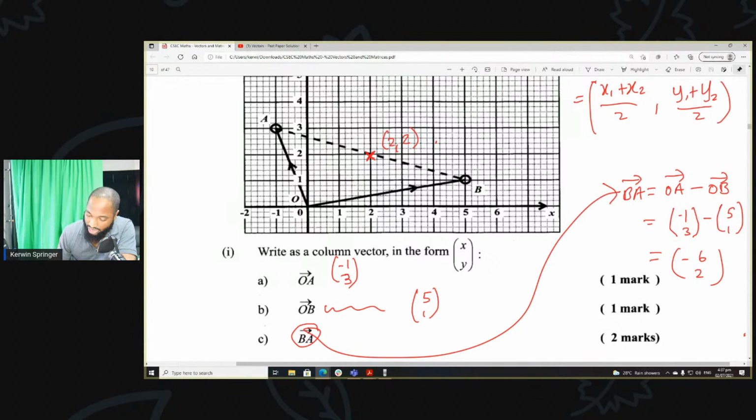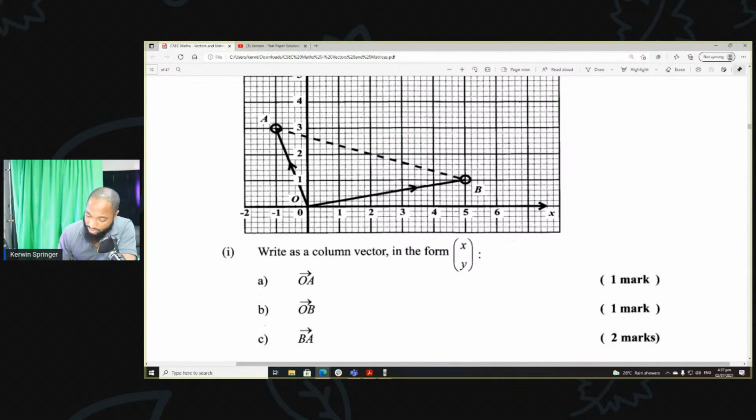And you add up the coordinates and just divide. X1 plus X2 over 2, Y1 plus Y2 over 2. It's like you're finding the mean.